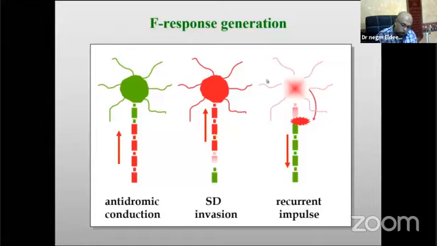And sometimes, in less than 5% of the occasions, the motor neuron can still give rise to a new impulse in the first internode, and the impulse starts in distal direction.